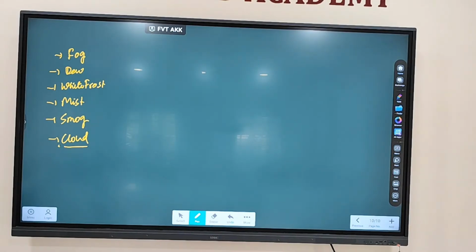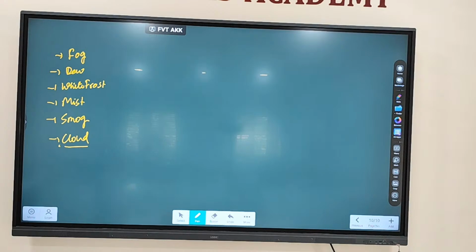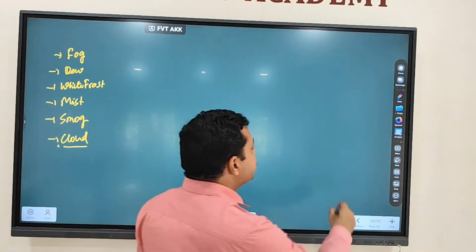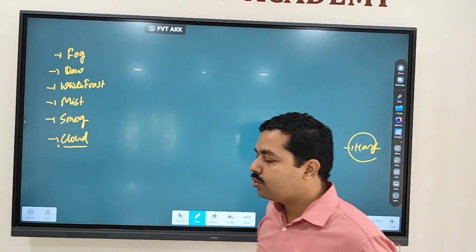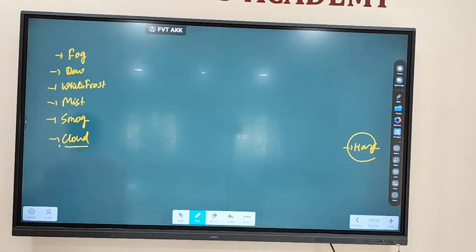Either dew can form, fog can form, white frost can form, mist can form, smoke can form, cloud can form. These are the different terms that you have to keep in mind which can form due to condensation. There is also a term referred to as haze. Haze doesn't occur due to condensation, but you can use it. Haze is dry air. There is no condensation as such in the case of haze. But related to smog and fog, you will have certain differences. That's why you also have this haze concept.